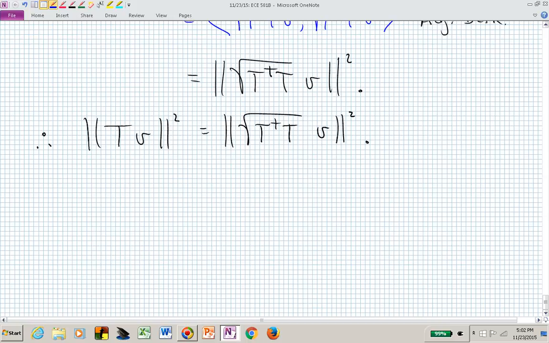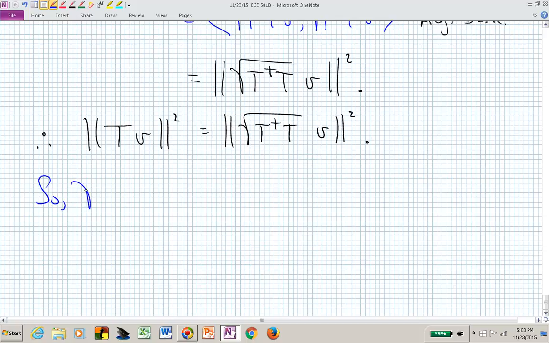So if it expands it by a factor of pi cubed, then the square root of T dagger T is going to expand it by the same factor. We're not saying that it's not expanding or contracting, but if it does, it's doing it by the same amount. That's what that's telling us.